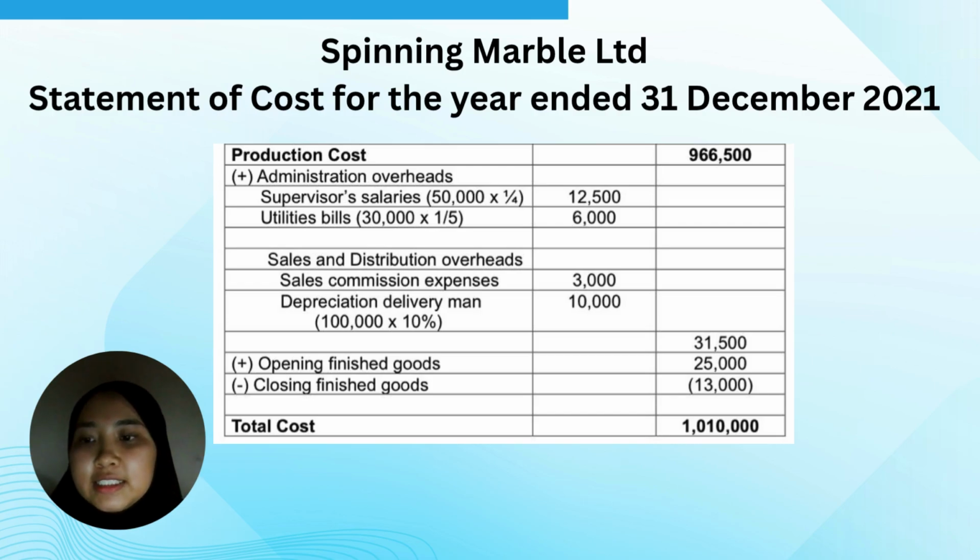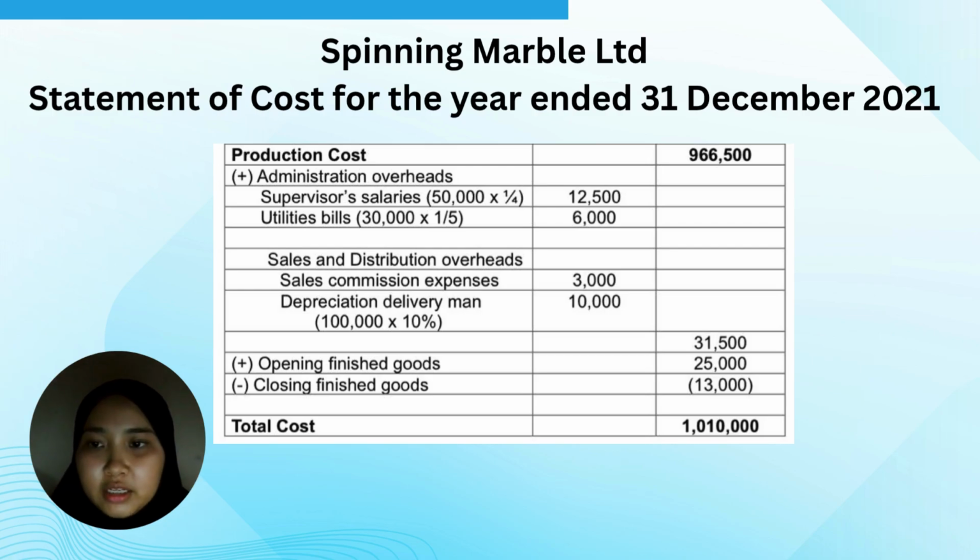So this is the last part of the statement of cost for the year ended 31st December 2021. We already have production costs, so we need to add administration overheads and sales and distribution overheads.